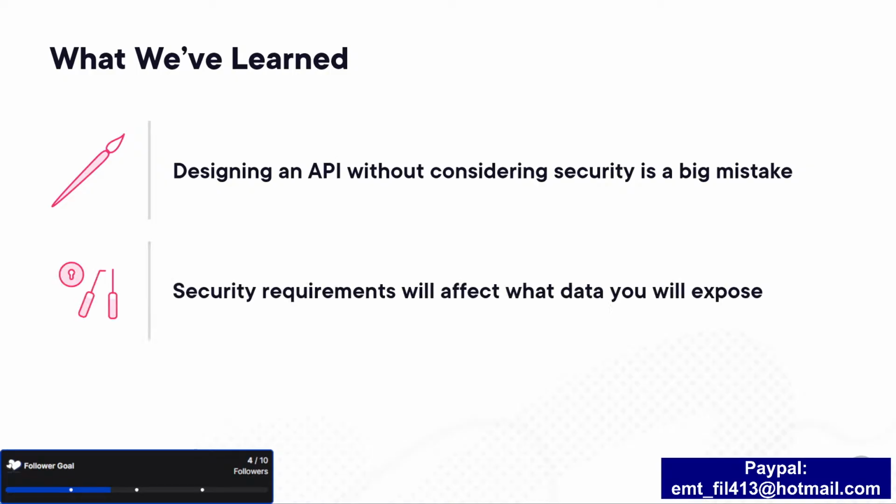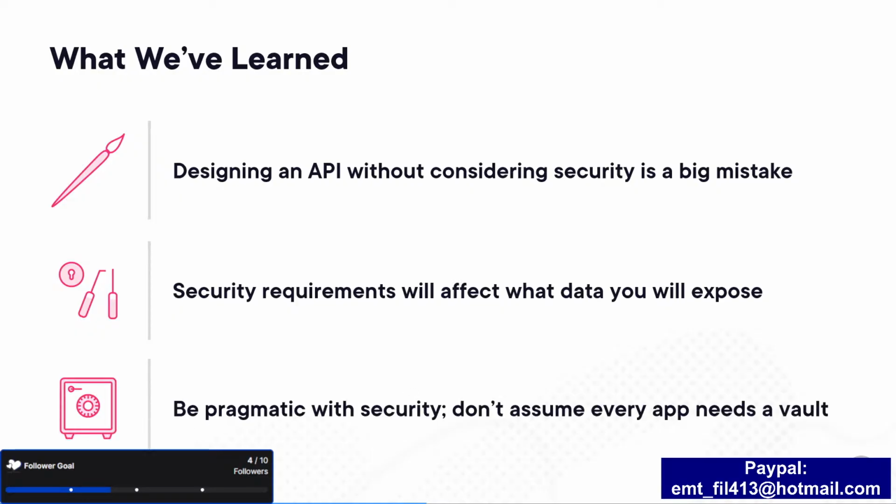You should have an idea what your security requirements are. And if you don't have that idea, you need to do that gathering of requirements to really understand how secure this has to be. There's always going to be a compromise between complexity and cost and security, and you need to figure out where that balance is. And at the end of the day, I want you to be pragmatic about security.